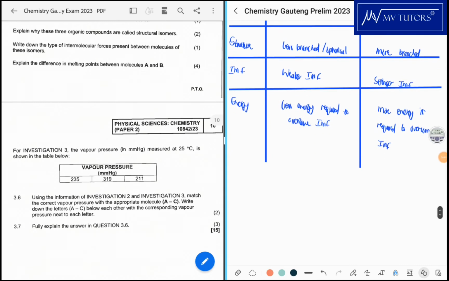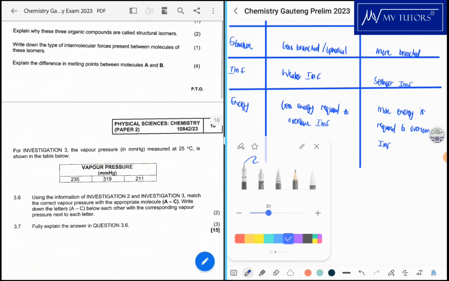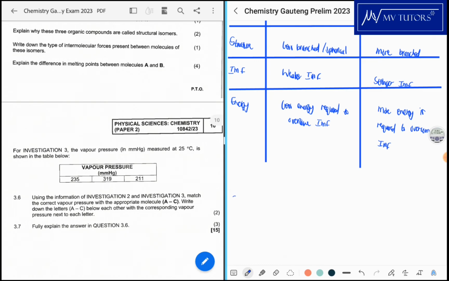3.6. Okay, so let's switch this off. So 3.6, it says, using the information of investigation 2 and investigation 3, match the correct vapor pressure with the appropriate molecule. Write down the letters A to C below each other with the corresponding vapor pressure next to each other.